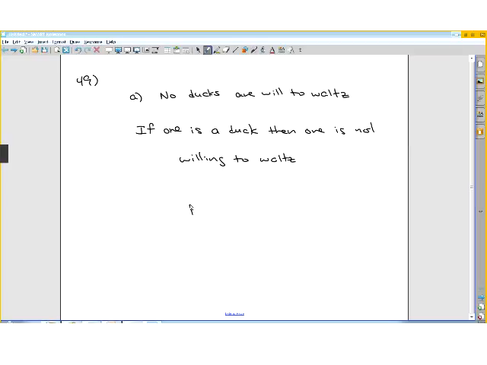So the first statement would be P, and the second statement would be one is not willing to waltz. Well, we have one is willing to waltz, so in this case we would have the negation of S. P is one is a duck, or it is a duck. If it is a duck, then one is not willing to waltz. Okay, so that's correct.